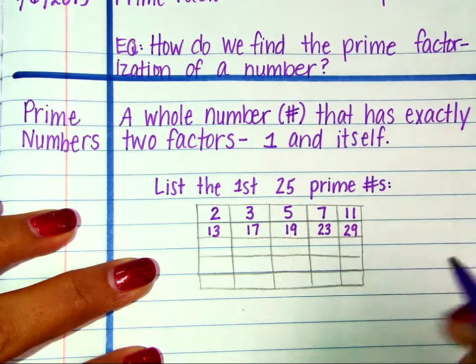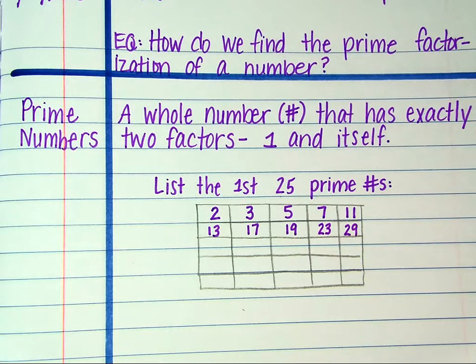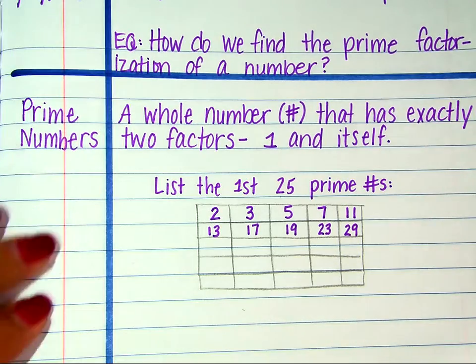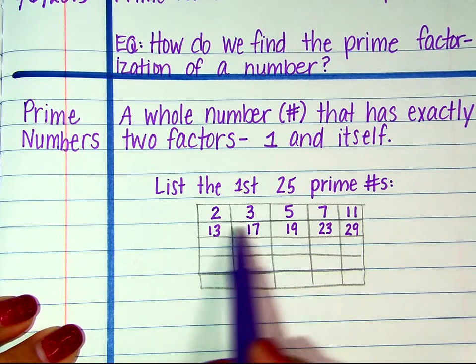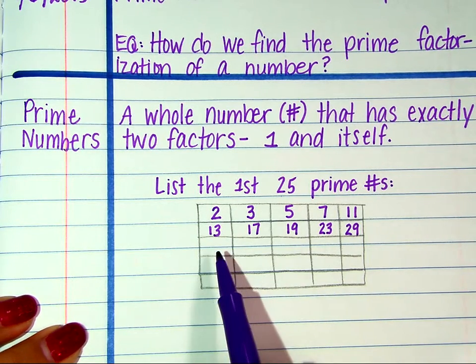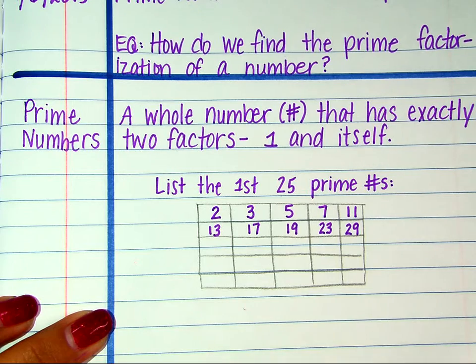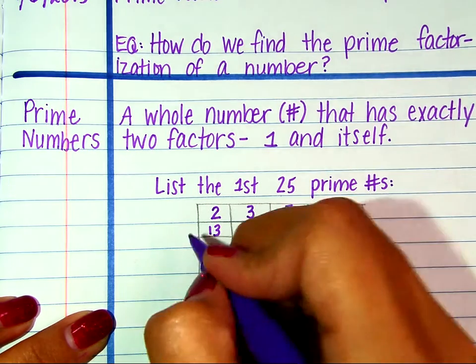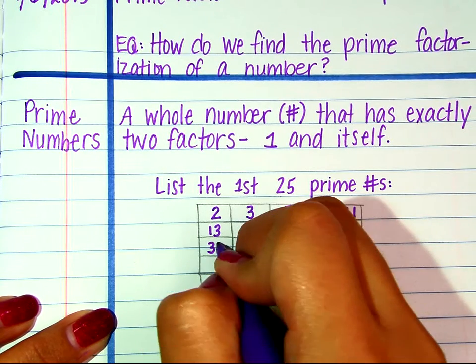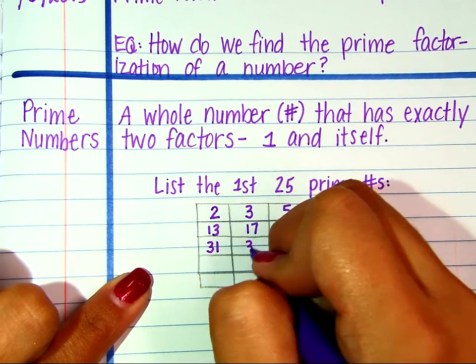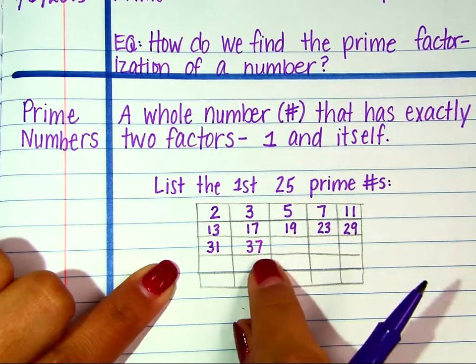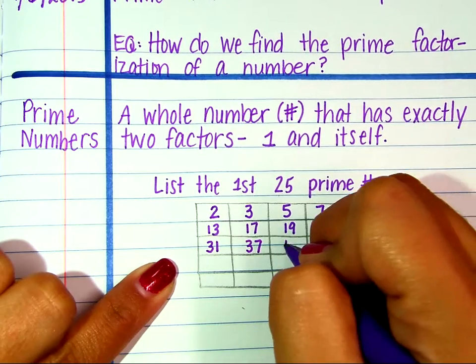In case you're wondering, I don't have these memorized by heart. I am looking at a little chart that I have, but most people can typically remember the first 10. If you can remember past that, you're doing really, really good. I'm going to give you this list so that as we work on example problems, you can quickly reference it to determine if your number is prime or composite.